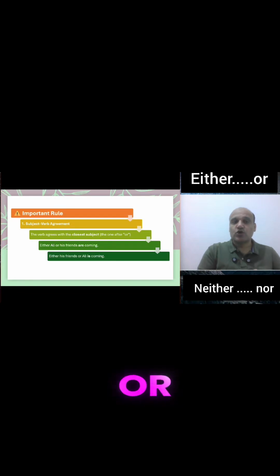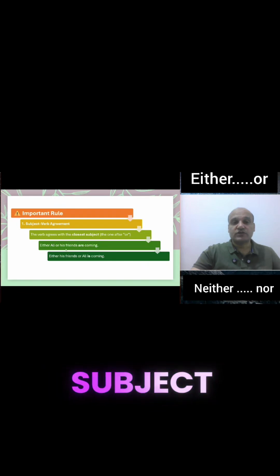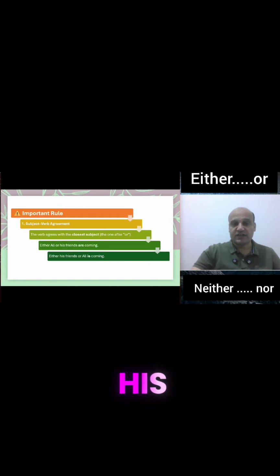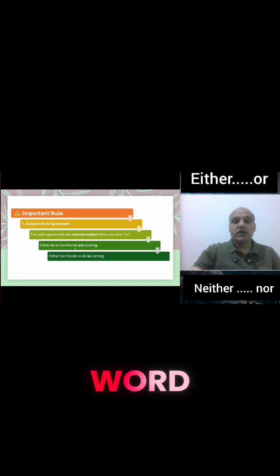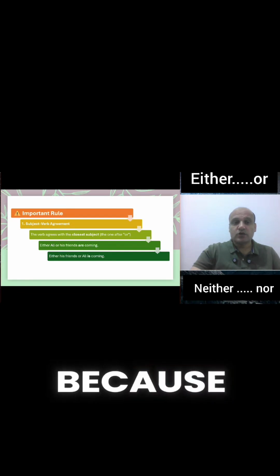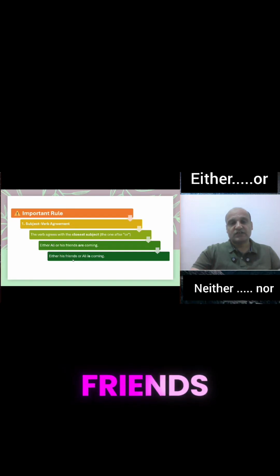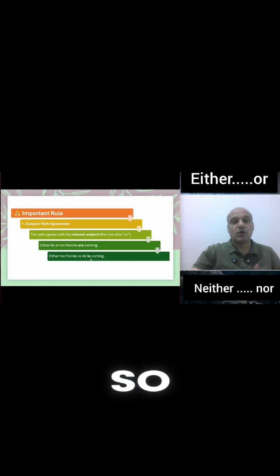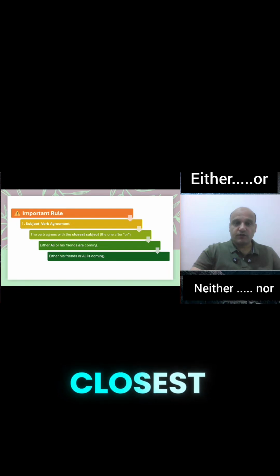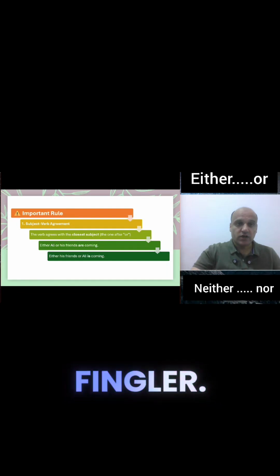Look at these examples. Either Ali or his friends are coming. Here, what is the closest subject to or? It's his friends. It's a plural word. Here, I must use are. Either his friends or Ali is coming. So here, the closest subject to or is Ali, and Ali is singular.